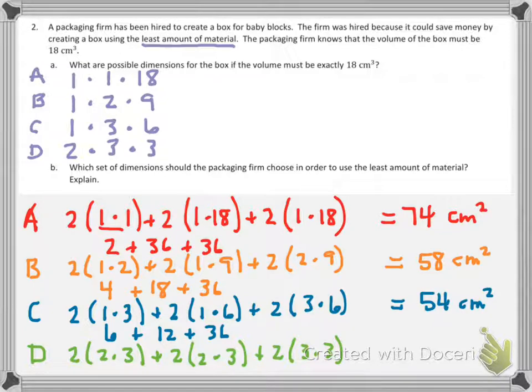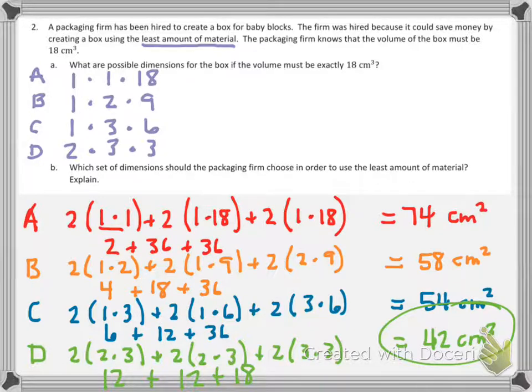And let's see, 6 times 2 is 12, plus 6 times 2 is 12, plus 9 times 2 is 18. So 24 and 18 would be 42 centimeters squared. So clearly the best one is option D.